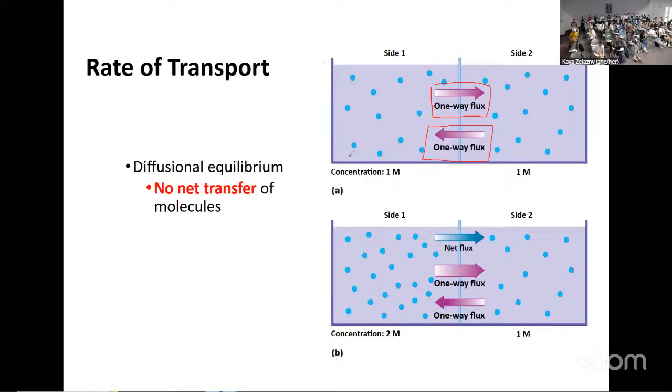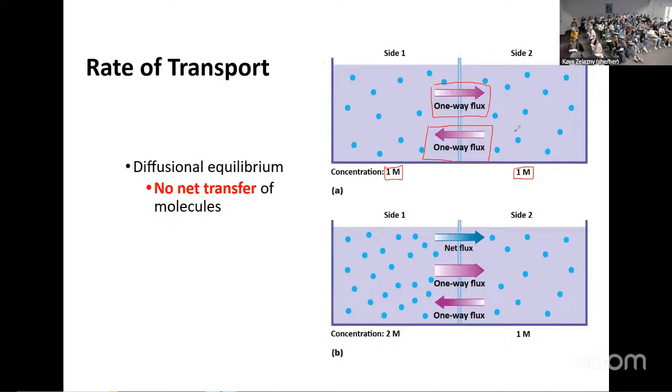And this top figure is showing us a system that's at equilibrium, right? So everything is evenly spread out. If you look at those concentrations, you can see there's no concentration gradient, there's no difference. Here we have 1 molar blue dot on side 1 of this example. We have 1 molar blue dot molecule on side 2.